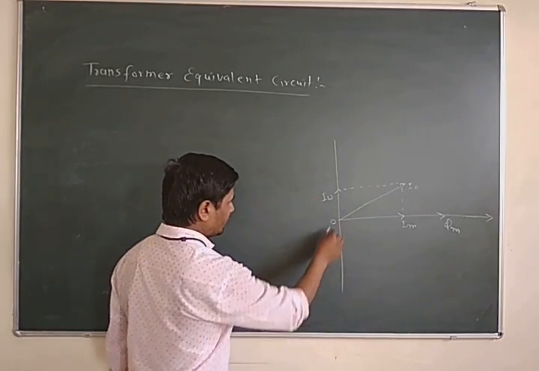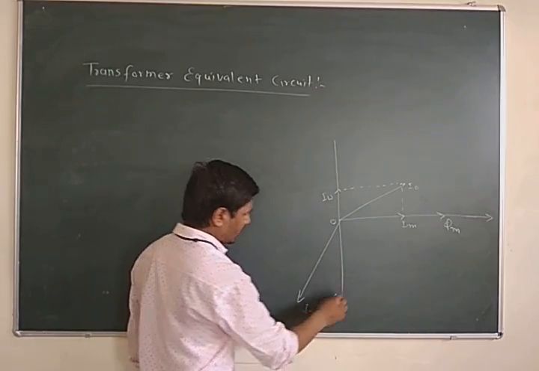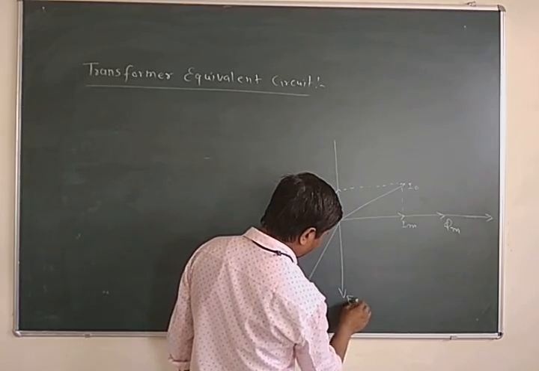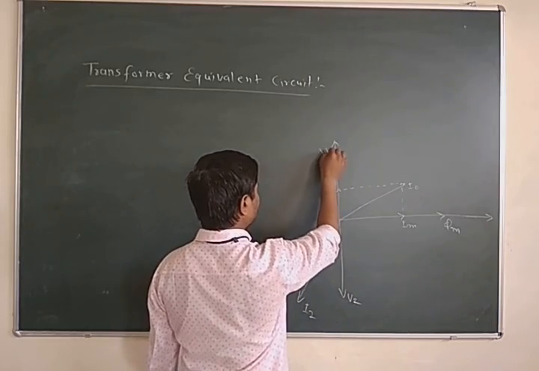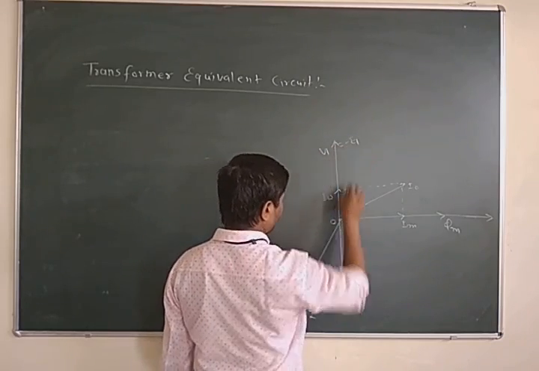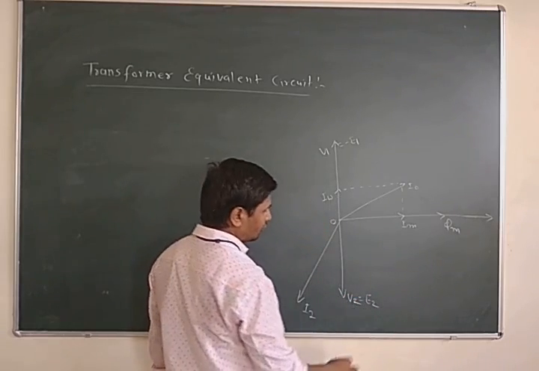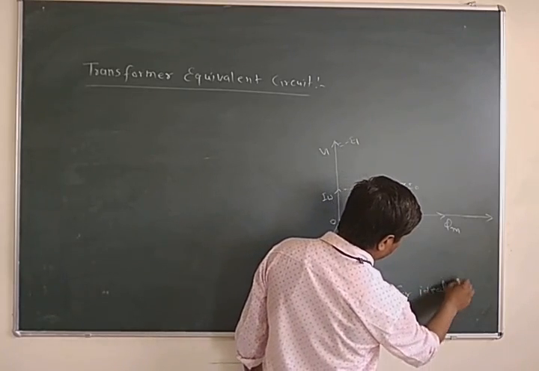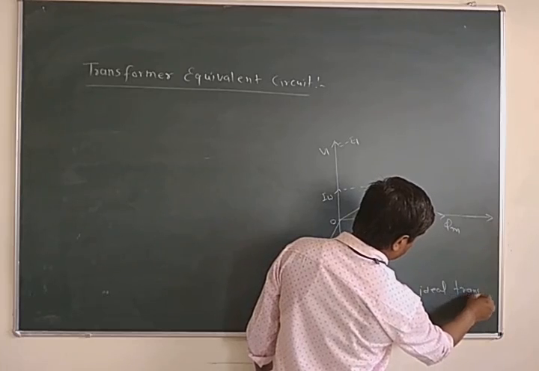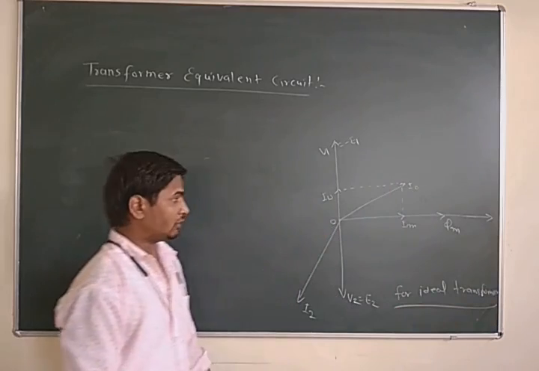Now the secondary current is I2. This voltage is E2, V2. This is V1 equal to minus E1, and V2 equal to V2, for an ideal transformer.